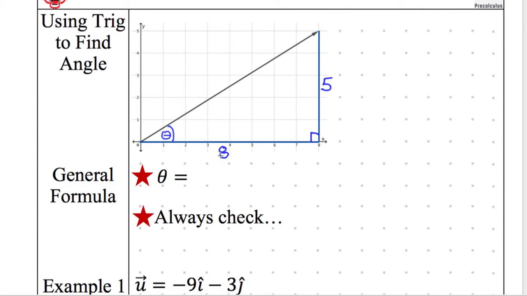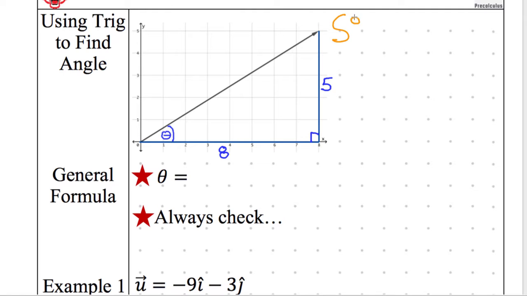Is there some form of trig rule that uses both this leg and this leg? Is it sine, cosine, or tangent? SOHCAHTOA. Which one of those is it? Which trig rule uses 2 legs, no hypotenuse? Do you remember SOHCAHTOA? Here, let's write it out, just in case we forgot.